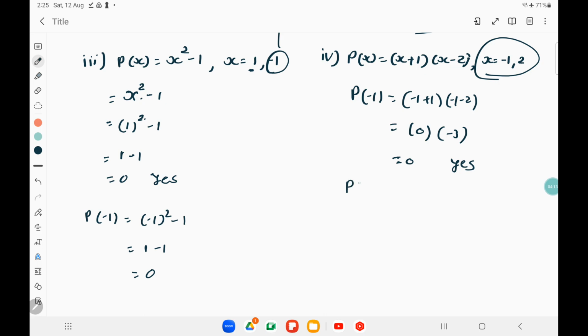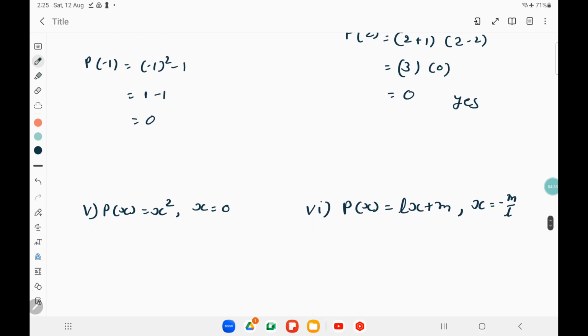Let's check with the value 2 for x. Here we replace x by 2. So 2 plus 1 is 3, and here 2 take away 2 is 0. So 3 times 0 is 0. So yes, 2 is also a zero of this given polynomial.